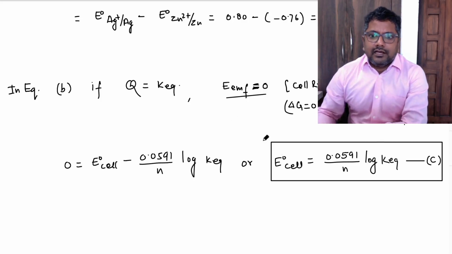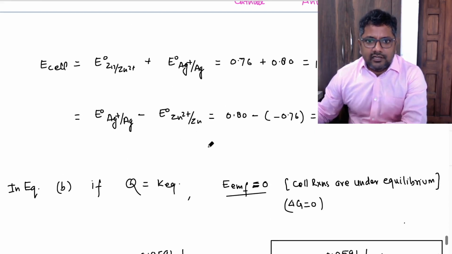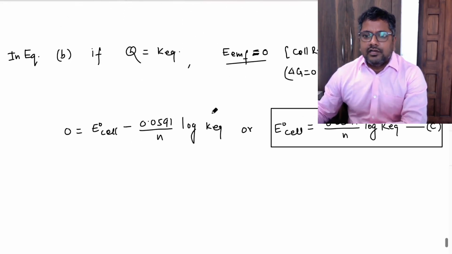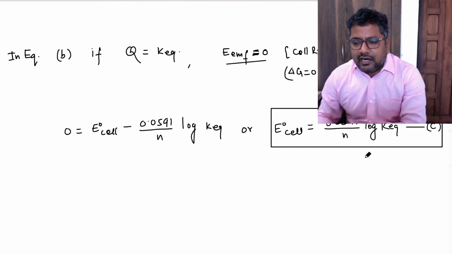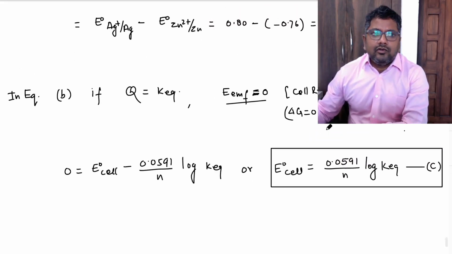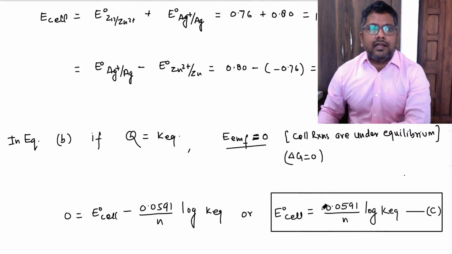So you can write that E naught cell is equal to E naught cathode minus E naught anode, or if you have taken reduction on both, E naught oxidation plus E naught reduction. This is a simple equation, and now your cell reaction is at equilibrium.